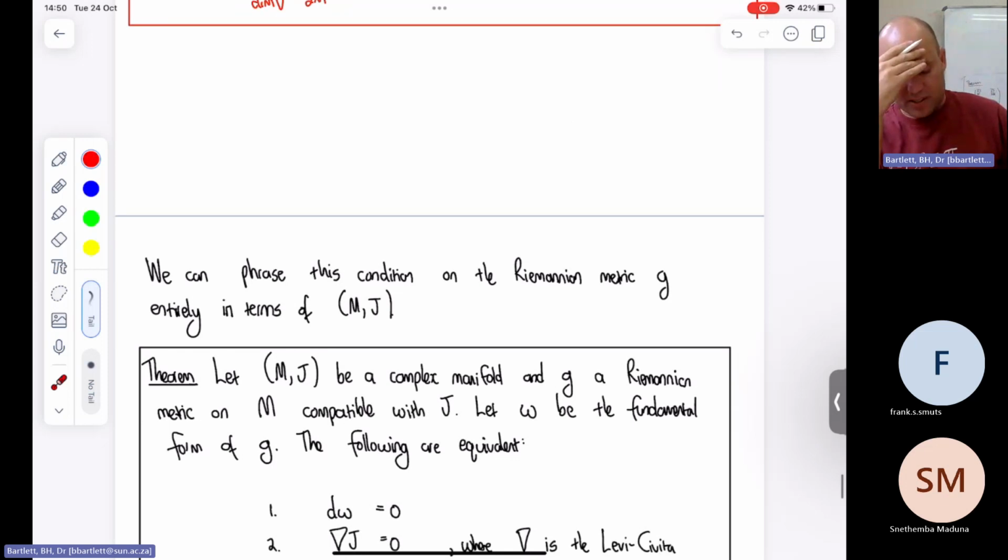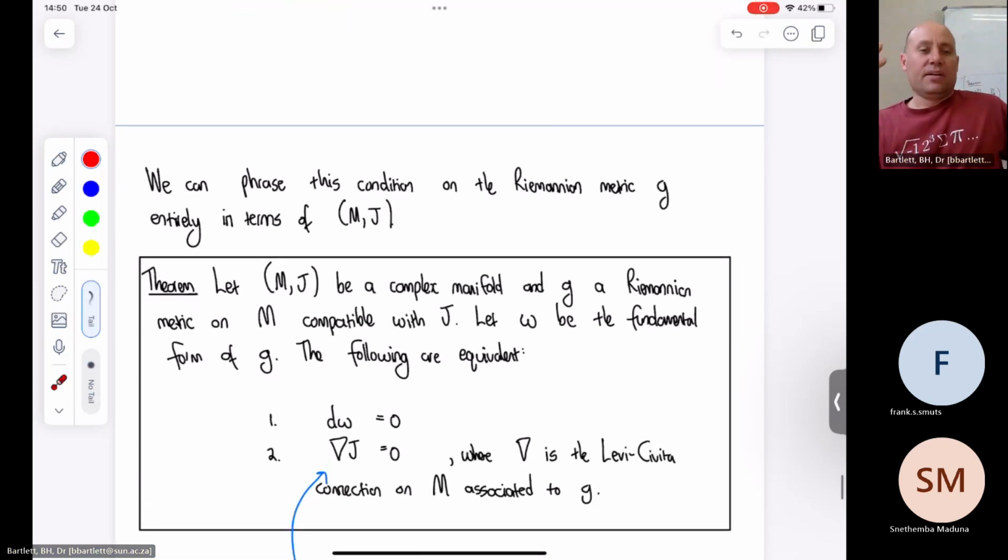Okay, and this is quite a nice little theorem. I'm not going to prove it. But it says that suppose you've got a complex manifold, and suppose you've got a Riemannian metric G on M, which is compatible with J. And when I say compatible, I should say on each tangent space, because the full compatibility we would like is that the derivative of the fundamental form is closed. That's the true compatibility we'd like.